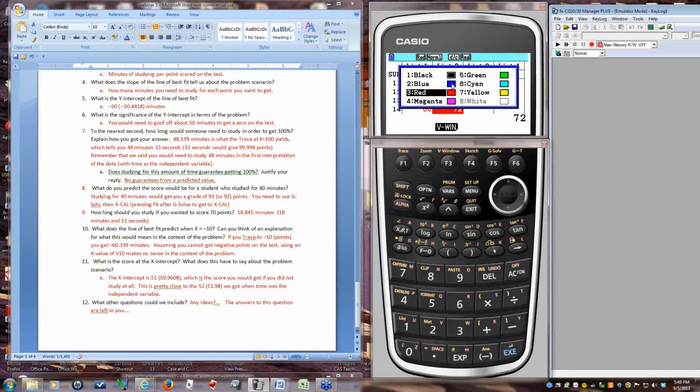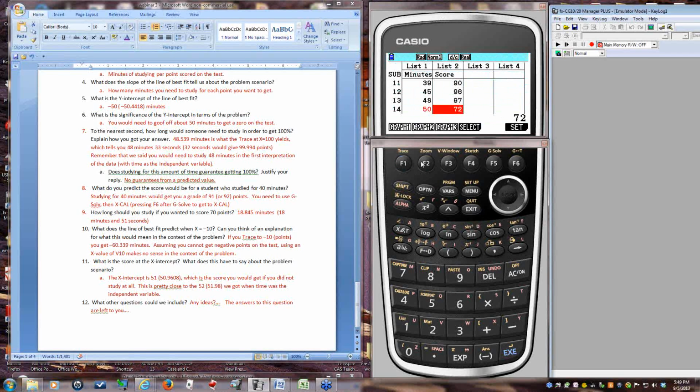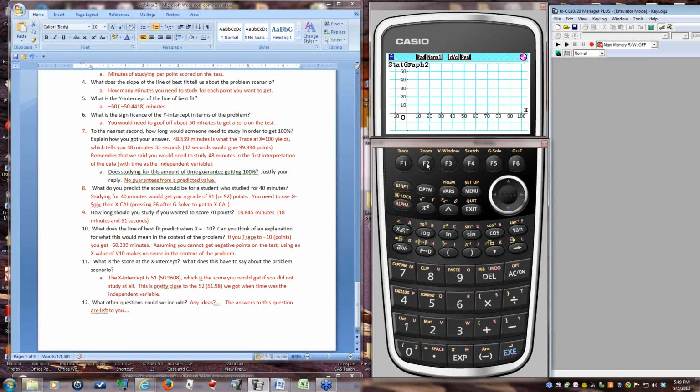Now I've changed that point 15, 66 to blue. So I'm happy with what that is. I'm going to exit. I'm going to draw my graph. I'm in the graph mode, I'm in the statistics mode, so I'm going to go back to my graph 1. I shouldn't have done that because I've changed windows.